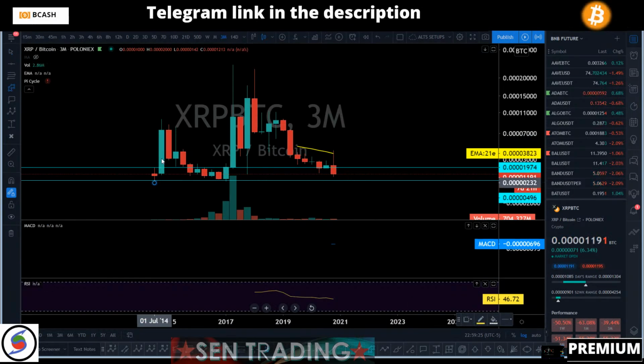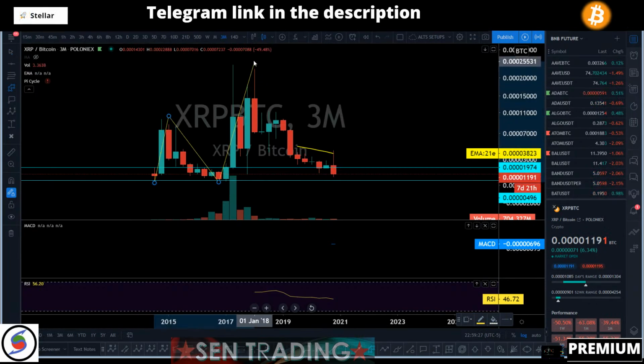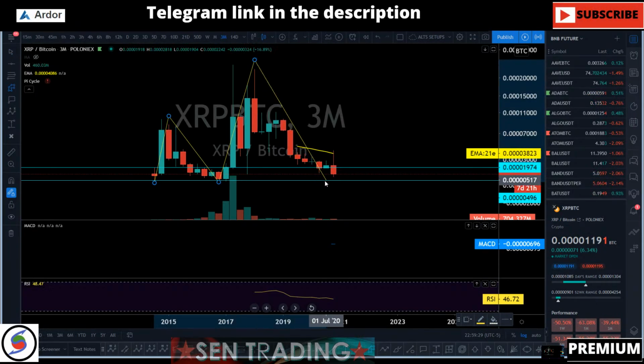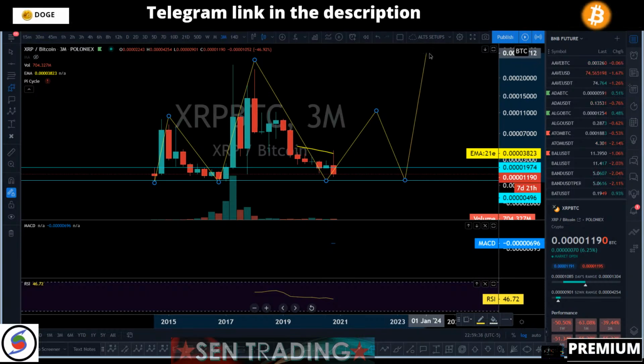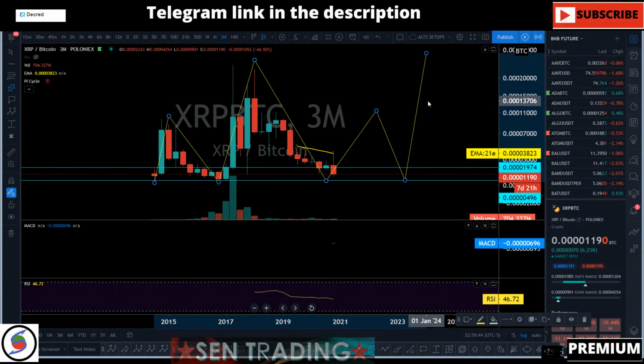So when everybody was telling you we're gonna go to zero or we're gonna go to the moon, we could get this potential head and shoulders pattern formation, drop right back down and then go to the moon. It is a very powerful pattern. Not sure if XRP is gonna do it, but just keep an eye on it.